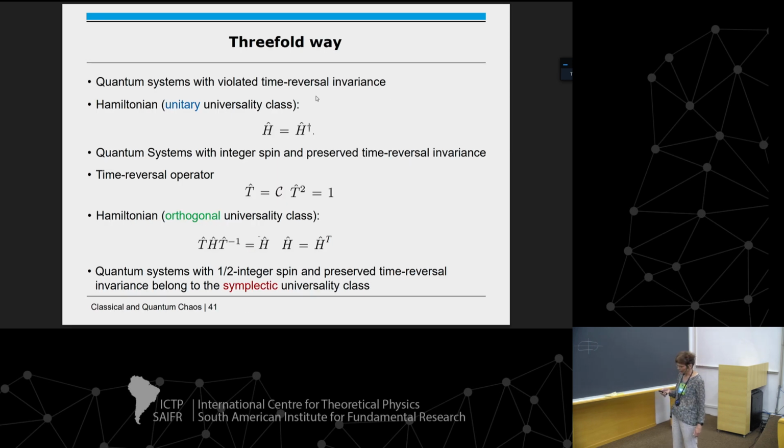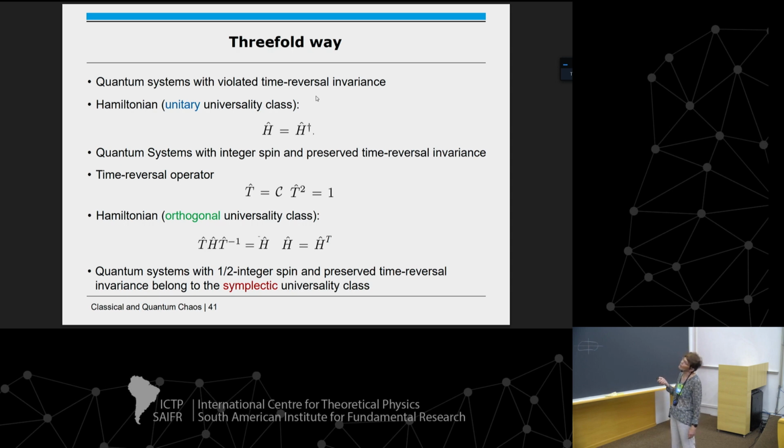So now I come back to another nice thing about these quantum graphs: you indeed can realize a system with symplectic symmetry. That was one of the reasons why we started looking at quantum graphs. Just to remind you, yesterday we heard about the threefold way of Dyson. You have either Hamiltonian systems which are invariant under unitary transformations. These are complex Hermitian Hamiltonians, which correspond to systems with violated time reversal invariance.